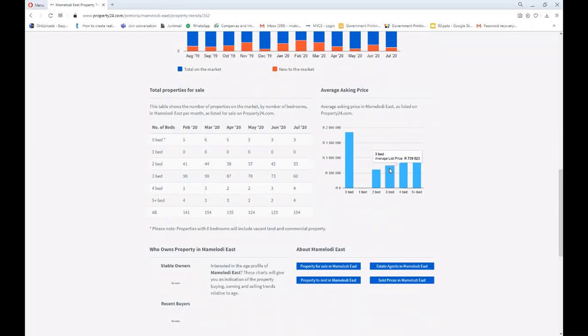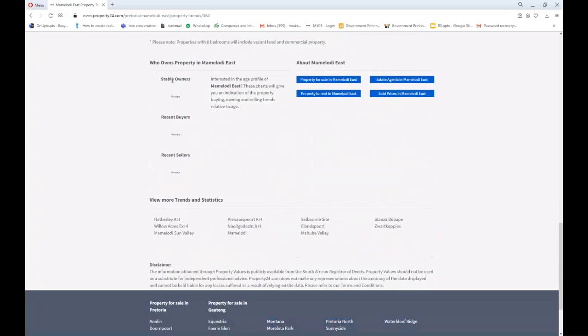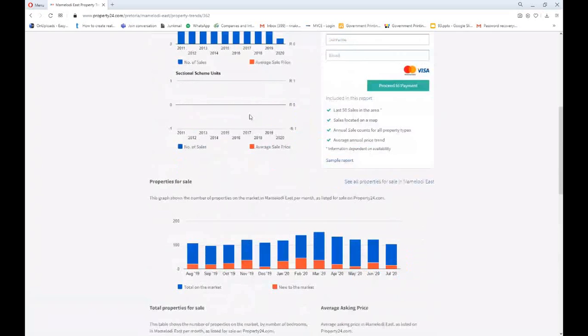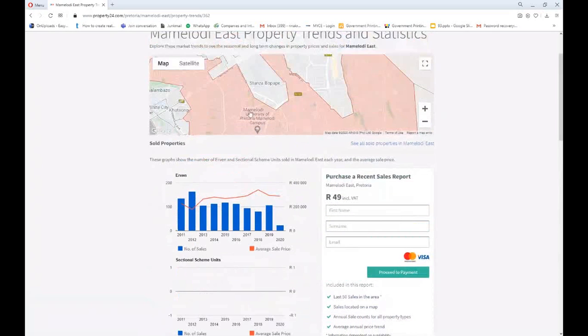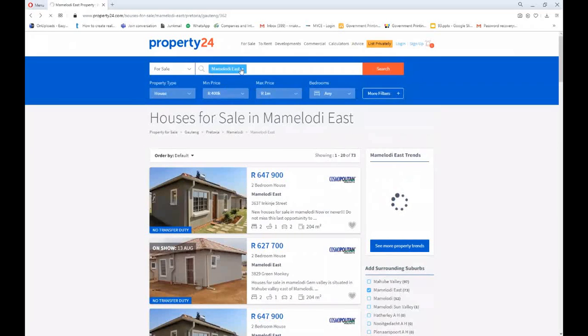So this gives you an indication of what is in the market. This is the total that's in the market, and for what reason, there are no stable owners or recent buyers. So this specific area must be pretty much a new area, I'll say. I don't know that area very well, but maybe who's staying there can help us. Let's pick Clarina.